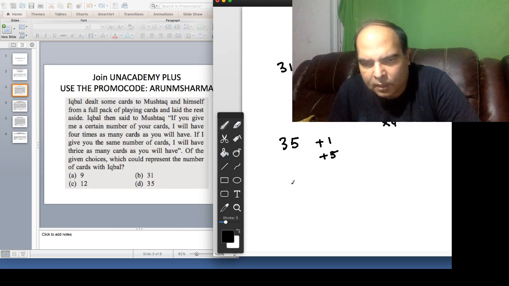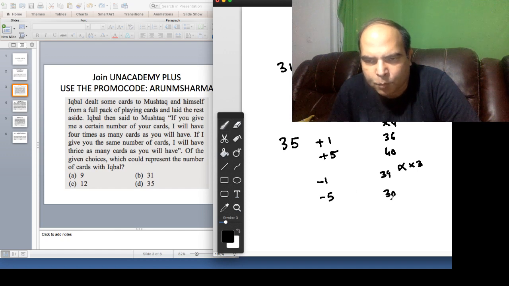And at plus 1, this becomes 36. At plus 5, this becomes 40. While at minus 1, it becomes 34. And at minus 1, it has to be a multiple of 3, which is not happening. At minus 5, it becomes 30. So it does happen at this point.